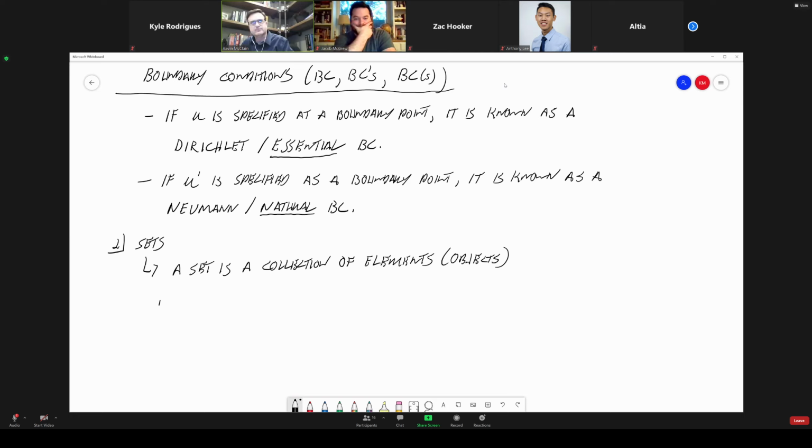So this is a real line, numbers from negative infinity to infinity.